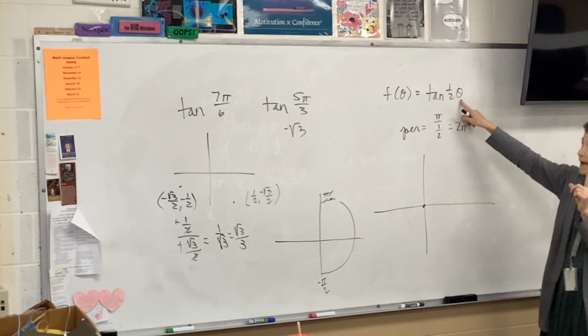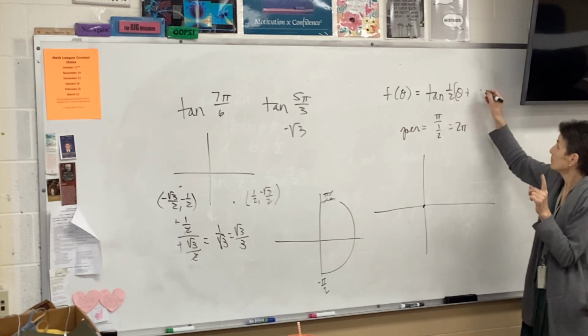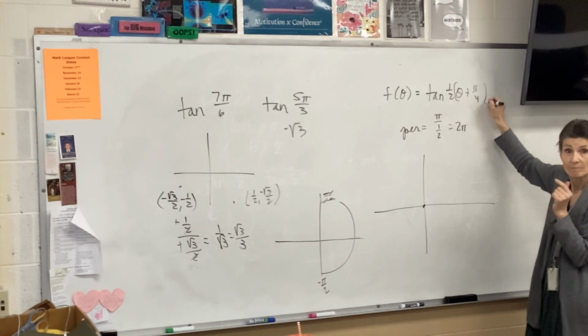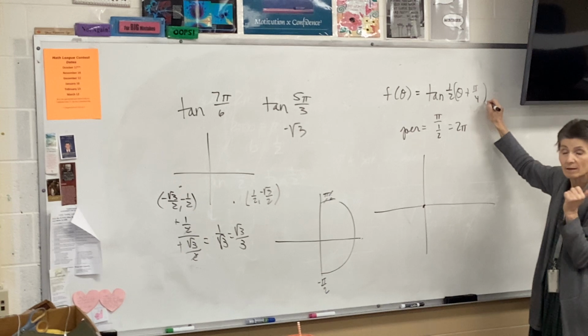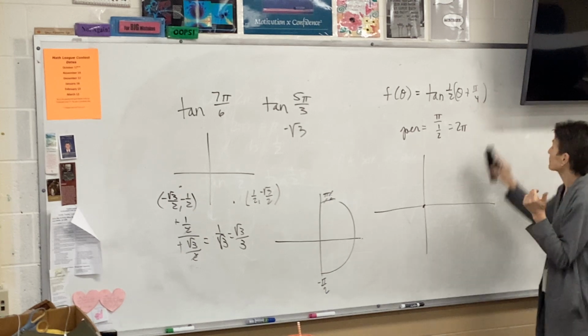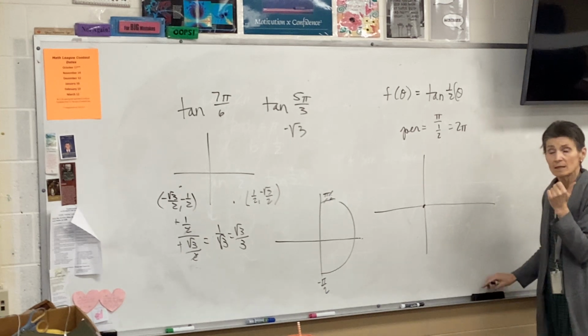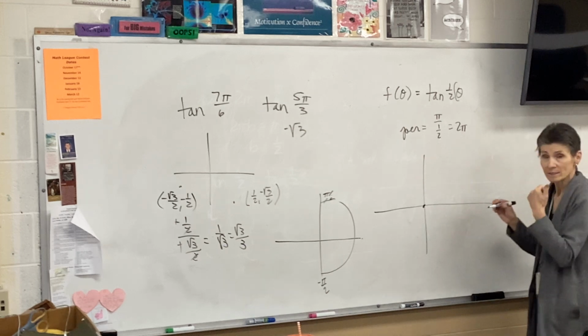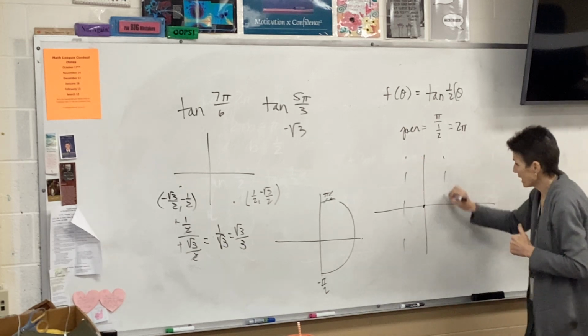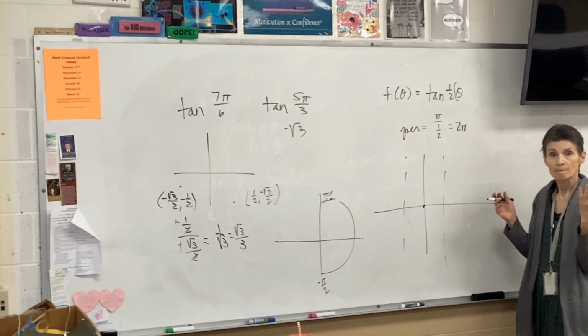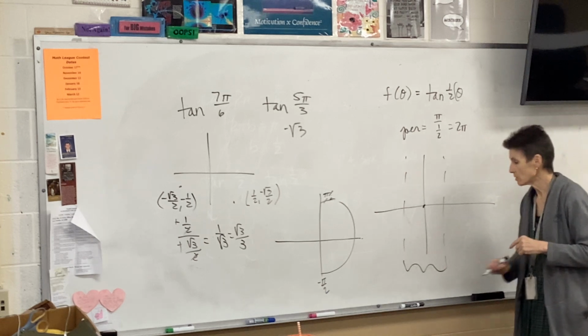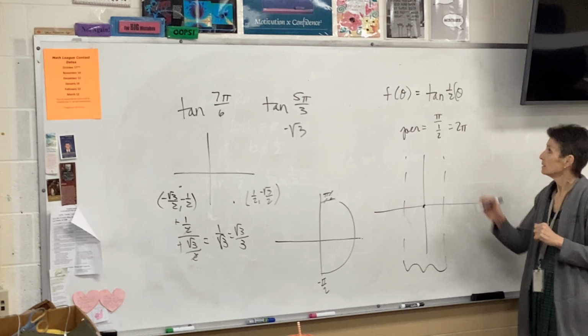And the only way that happens is if you do something like this, okay? That would move it. But I don't have that, so I'm not moving it. So I know I've got a 0 at 0, and on either side I got an asymptote.